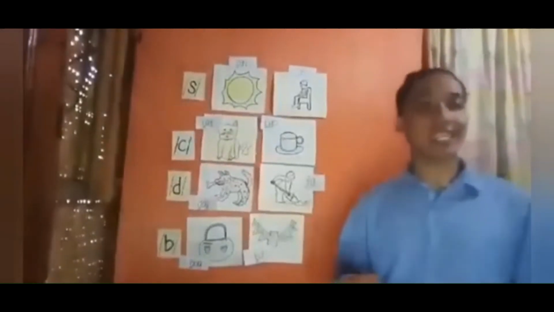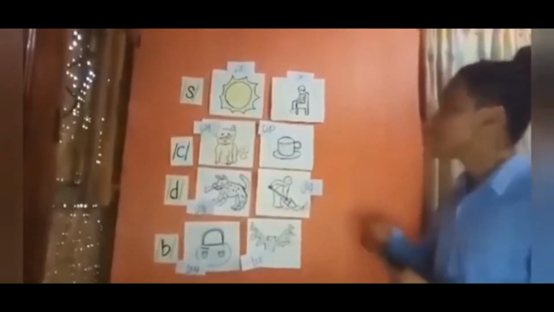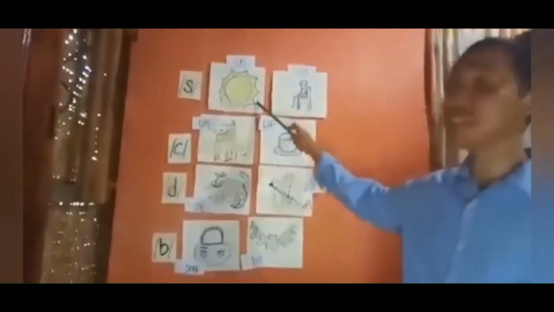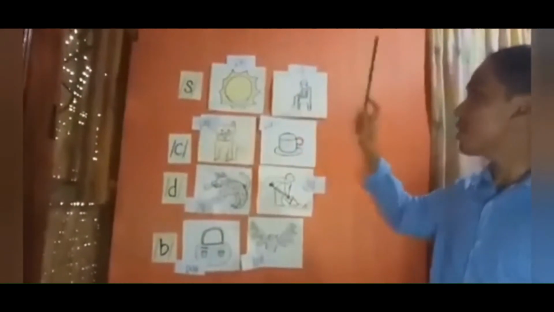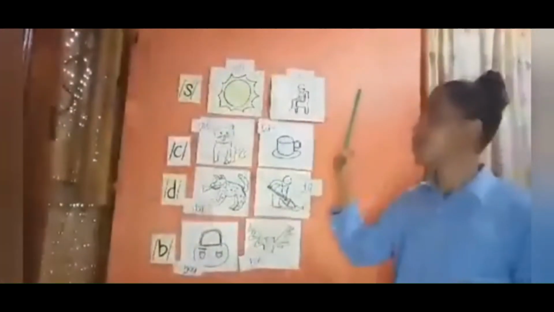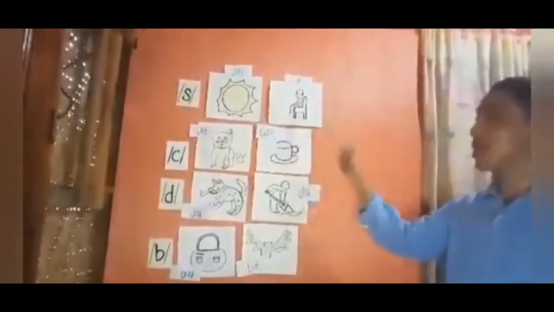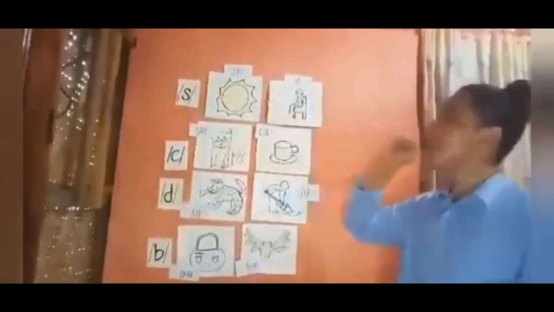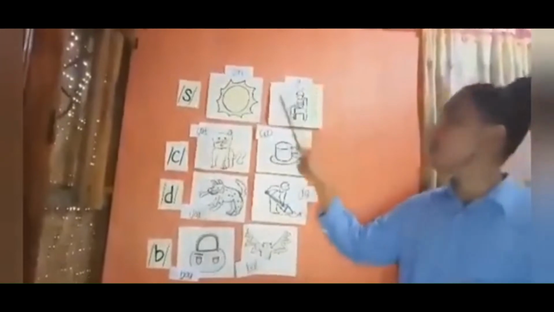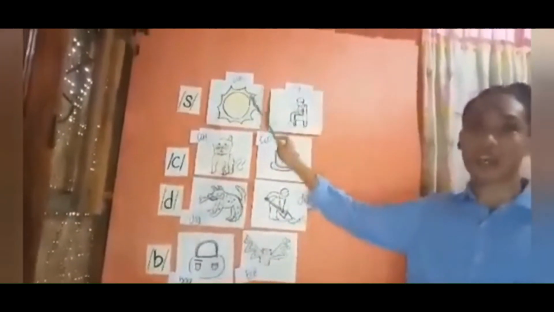Okay class, let's take a look at your answers to see if you got it right. So this picture is sun and this picture is sit. So the letter card that corresponds to these two pictures is S because the first sound or the first letter of these two pictures is S.